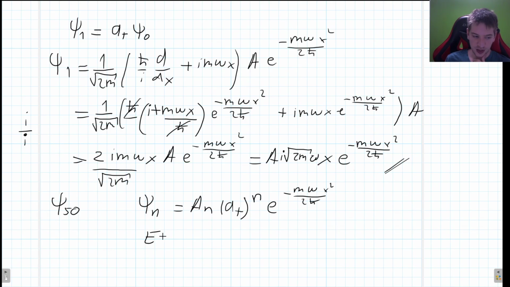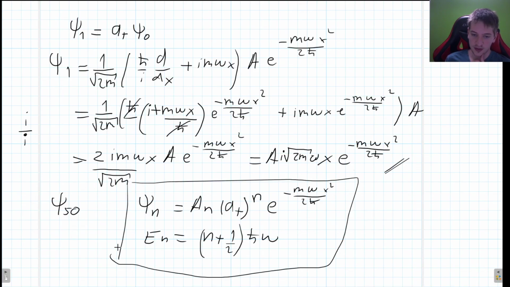And as we already saw, this would have an energy of n plus a half h bar omega. So we found the energy levels and the eigenstates, or the wave functions, of the quantum harmonic oscillator using this algebraic method. And using this, you can find any other wave functions you want.